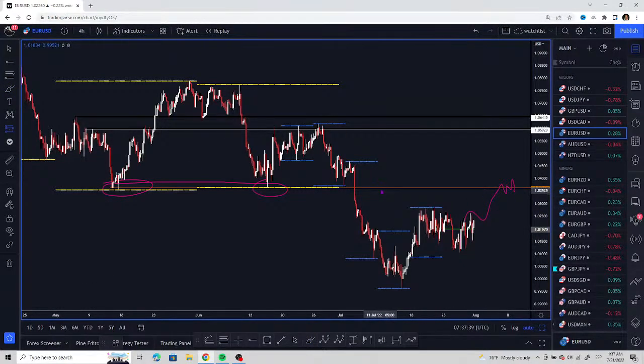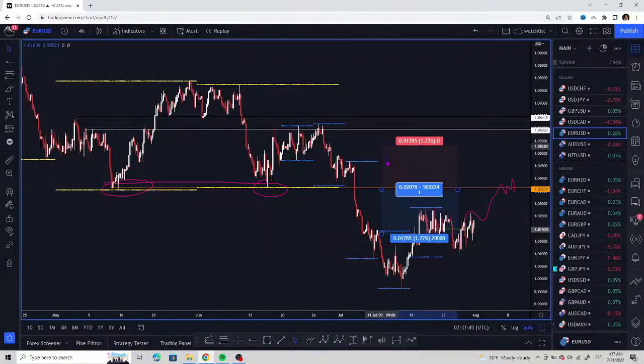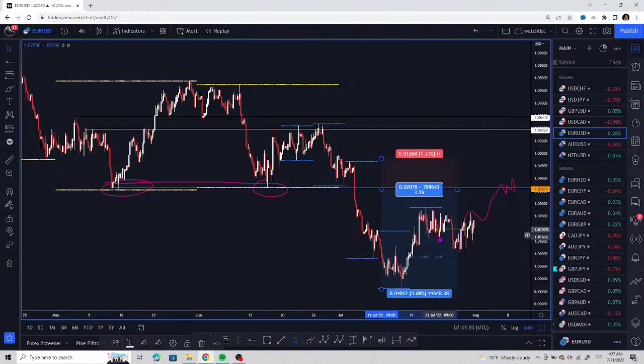And if we take an entry right at this level with stop losses above the previous highs right here, and first targets at last week's lows, that would yield a 3R trade. So that's what I'm looking at for next week.